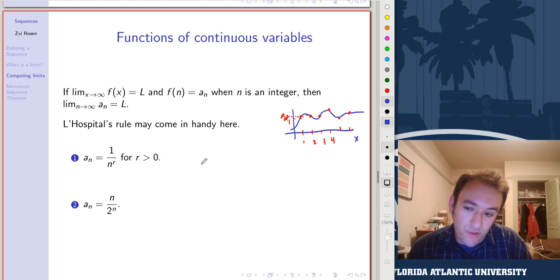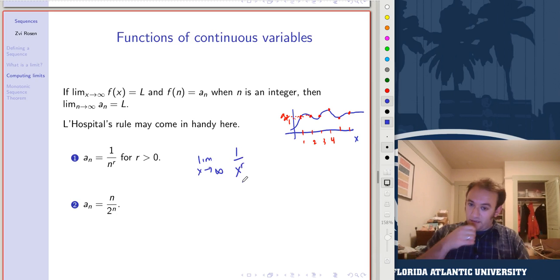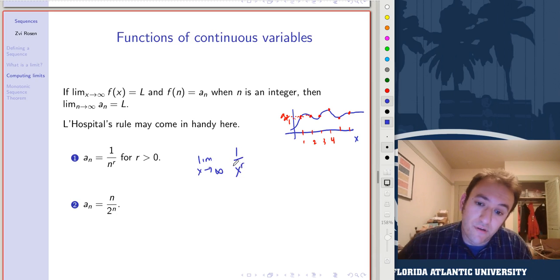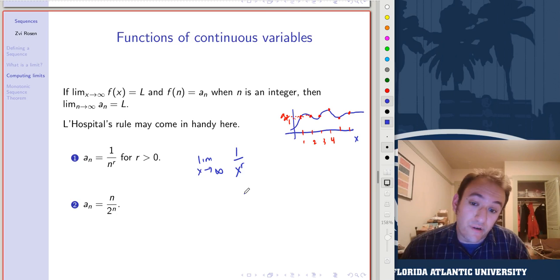I know how to compute the limit as x goes to infinity of 1 over x to the r, right? Because if r is a positive number, x to the r becomes arbitrarily large. And if you take 1 over an arbitrarily large number, you'll get 0.